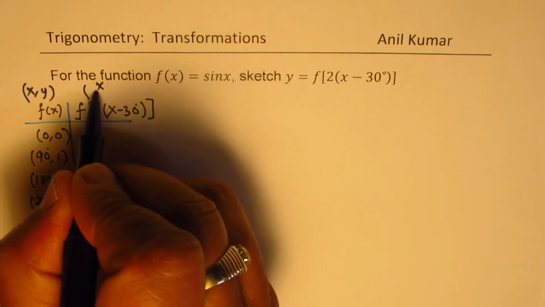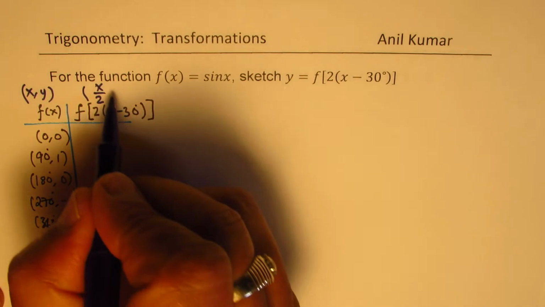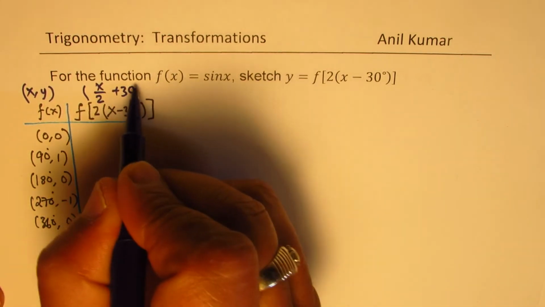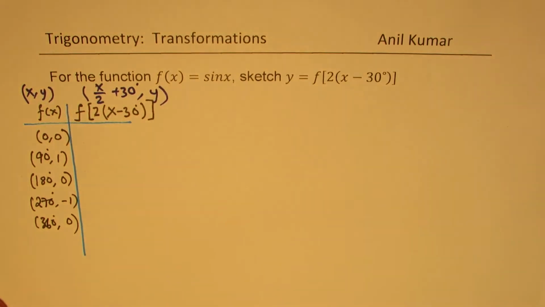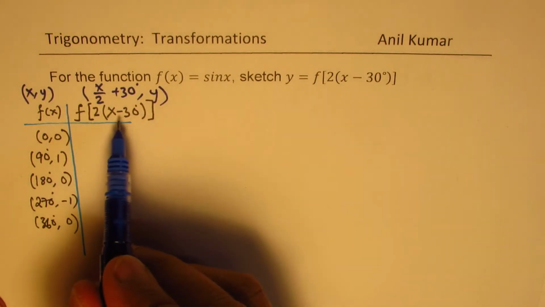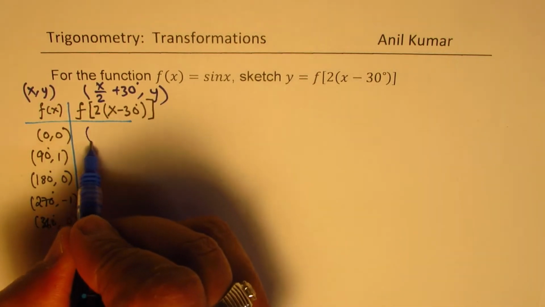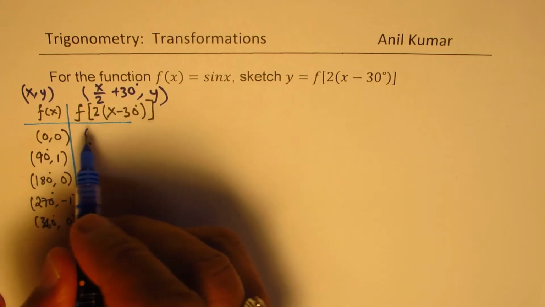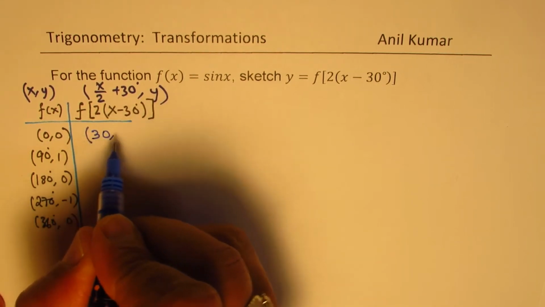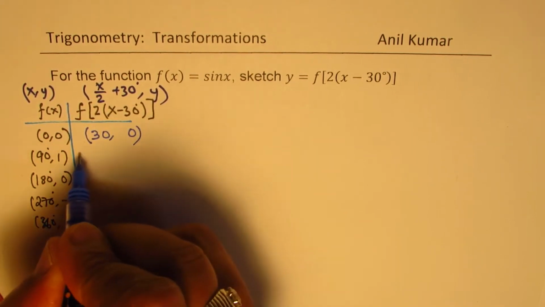We'll have this factor half, and then we'll add 30, moving it to the right by 30 degrees, but the y values will remain the same. Is that clear to you? Perfect. So doing this calculation, we'll just divide by 2 and add 30, right? So if you add 30, you get 30 here itself. The y values will remain the same, correct?